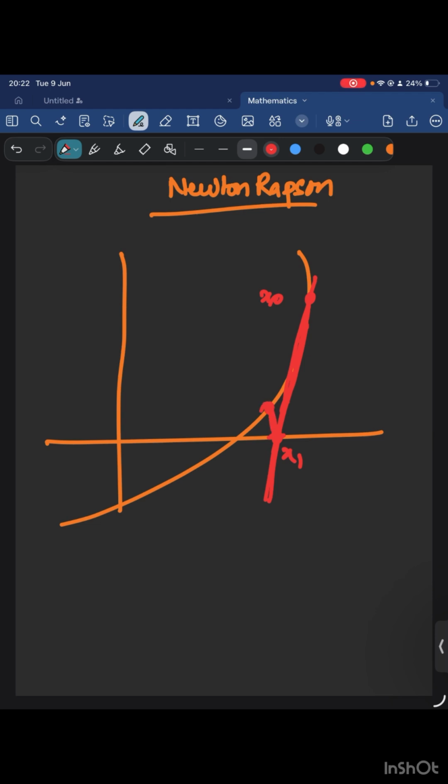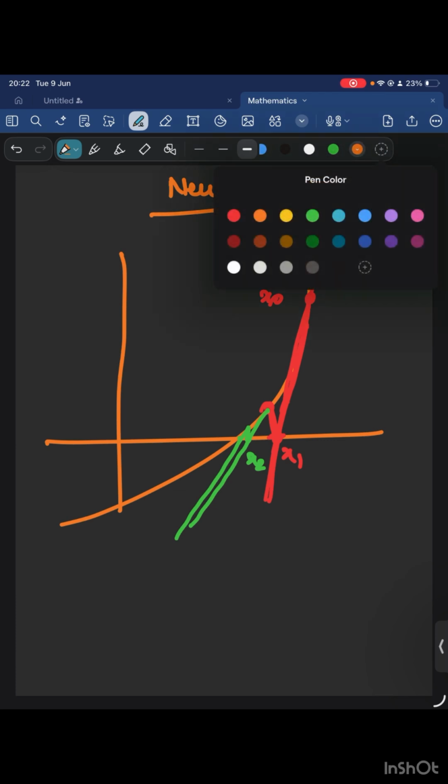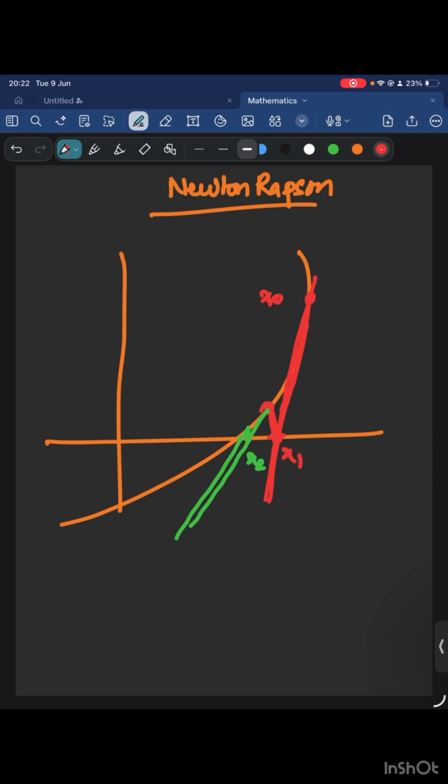Now from this point again we are drawing one more tangent. Let's say this is the x2 point. Now from this point we again draw one more tangent, and we have reached another point, x3, and this way we are going closer to the root of the equation.